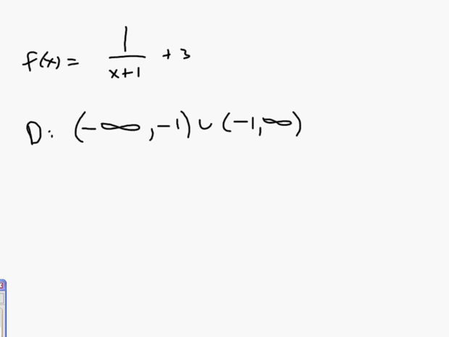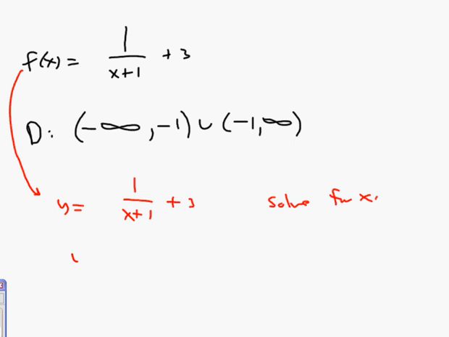In terms of range, my advice algebraically is to do this. Write this as y equals, and now solve for x. And what you might find out is you'll get an expression where you can see that y can't equal a particular number. So let's try it. If we want to get x alone, I want to subtract that 3.